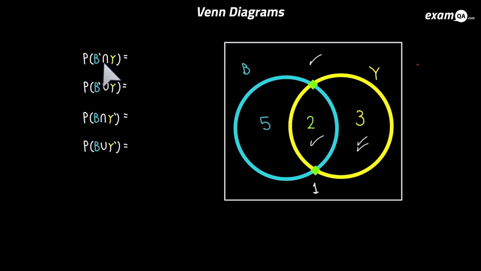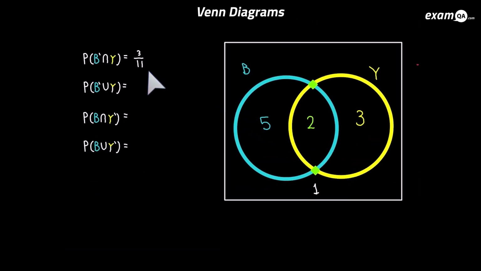So we're looking for the region which was in both cases, basically with a double tick. And of course it's just the 3. Now we can't simply say 3 because it's got P for probability. So it's going to be 3 over the total, which is 3 over 11.